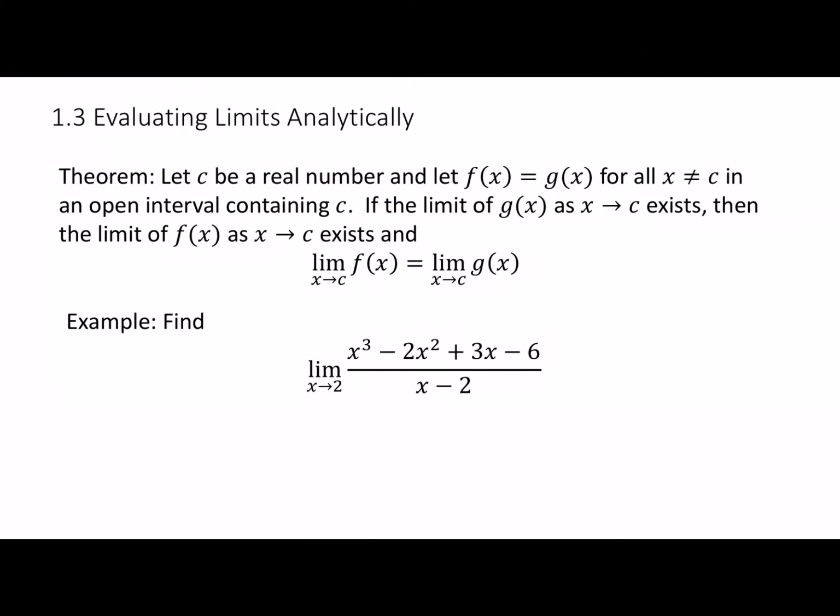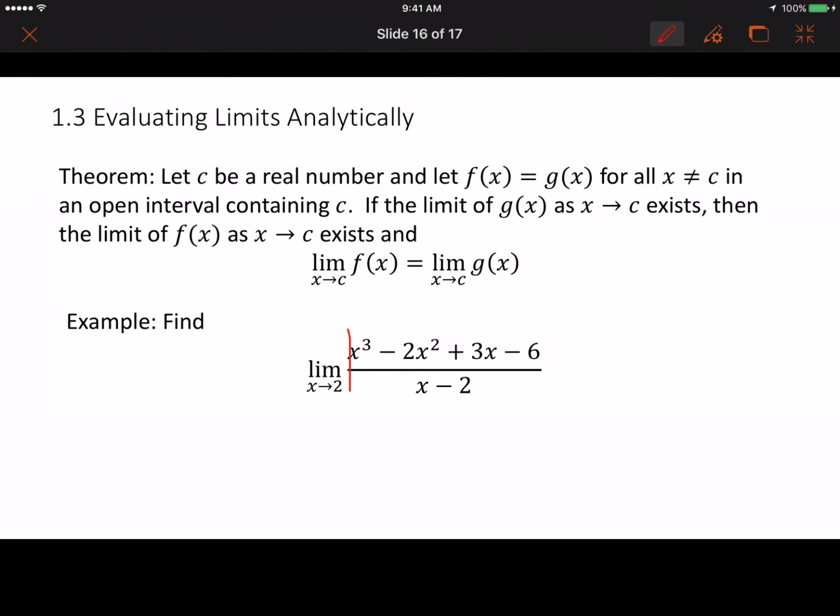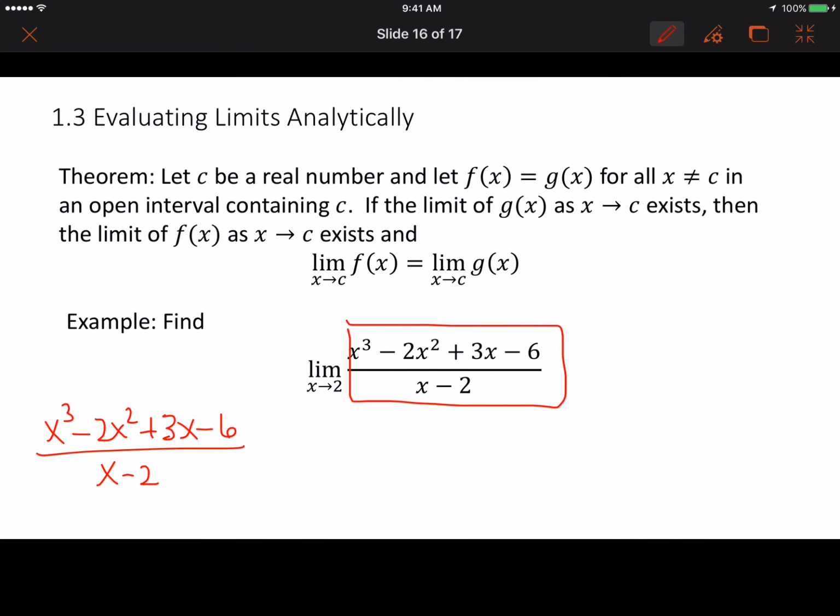So remember in the first video, I asked you to graph this function here. And what we found was that x cubed minus 2x squared plus 3x minus 6 divided by x minus 2 factored on top as x minus 2 times x squared plus 3, over x minus 2.